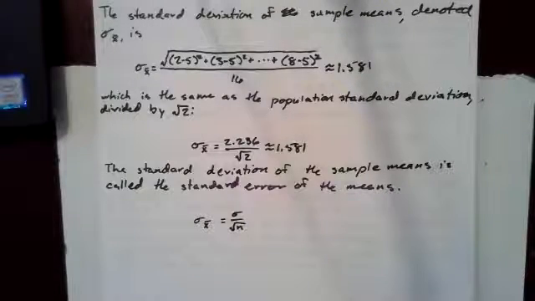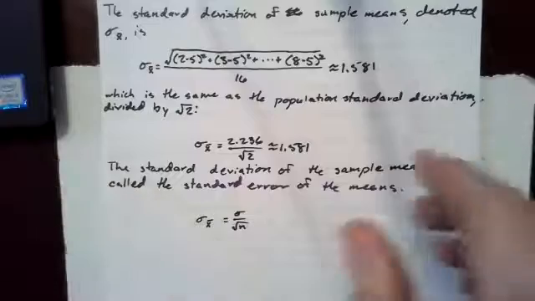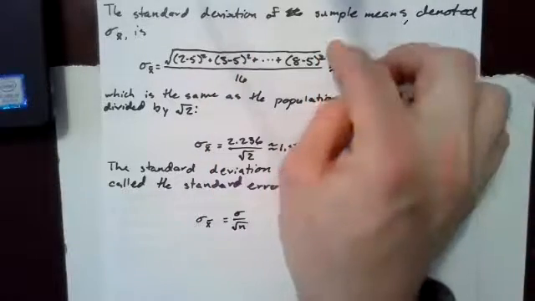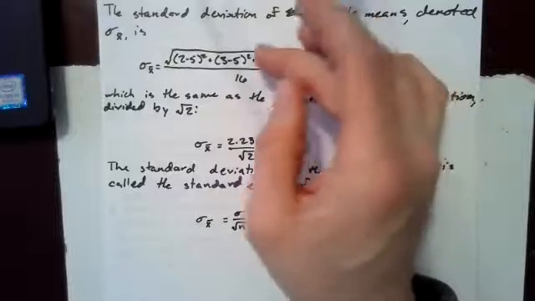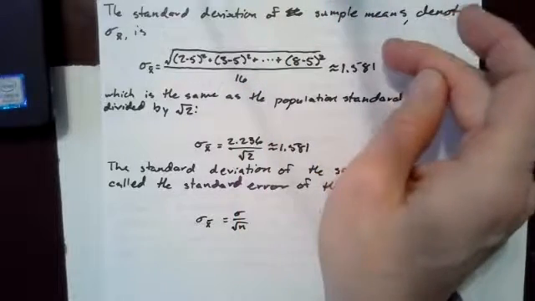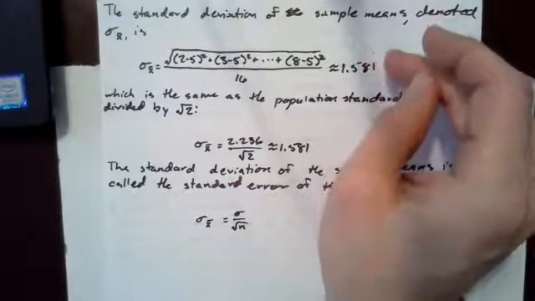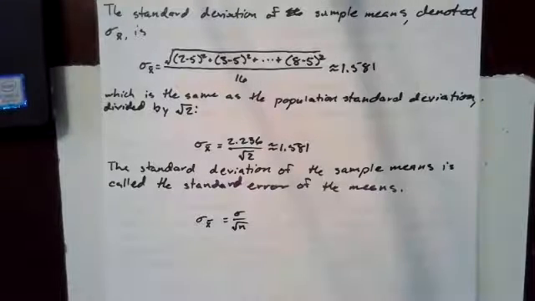The standard deviation of the sample means, denoted sigma sub x bar, we do the same thing with the standard deviation. We're just plugging in all of those values, subtracting the mean and dividing by 16 again. And that's going to be about 1.581, which is the same as the population standard deviation divided by the square root of 2, which is the size of the samples taken.